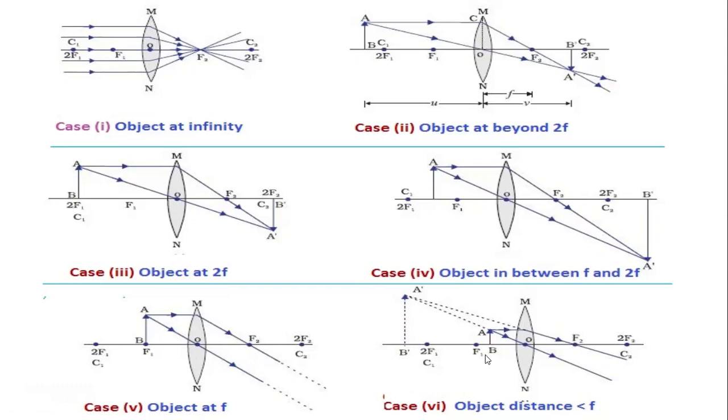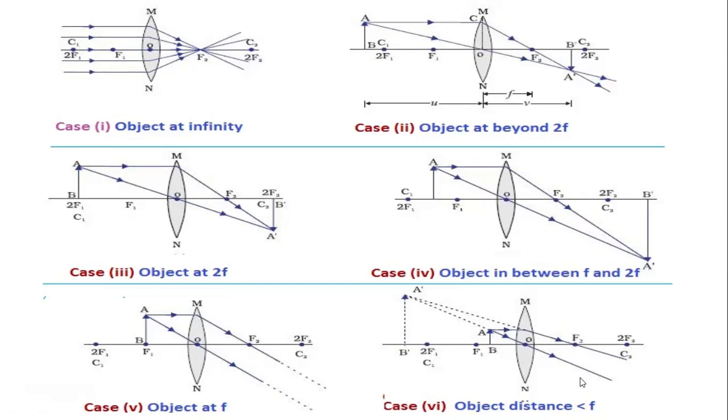In the last case, when the object is placed between the focal point and the pole, you have a similar scenario, but the lines are not parallel. The refracted light rays emerging from the lens are diverging in nature.